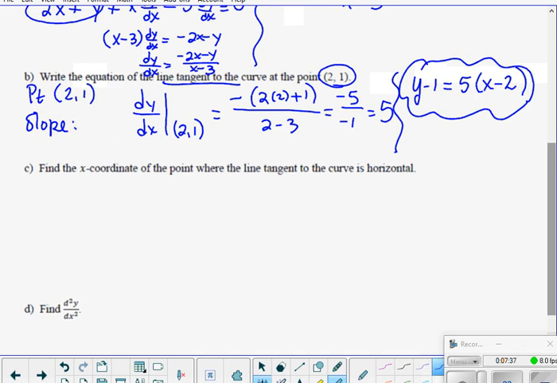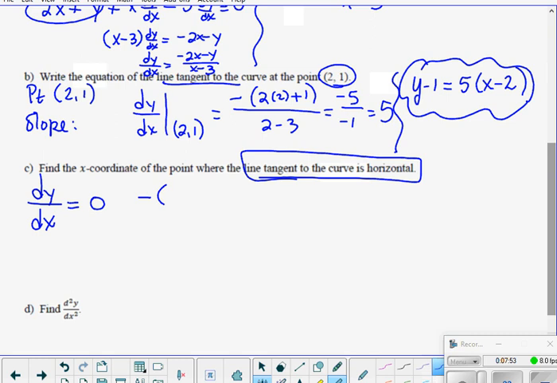Find the x coordinate of the point where the line tangent to the curve is horizontal. To become a horizontal tangent line, I know that the derivative must be 0. So I'm going to take negative (2x + y) over (x - 3) and set it equal to 0.